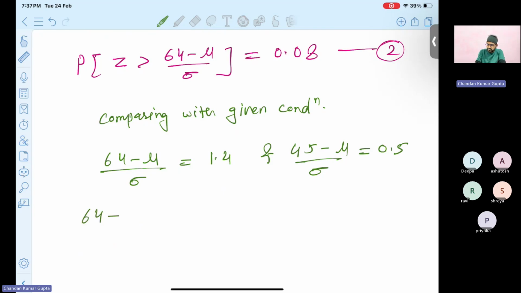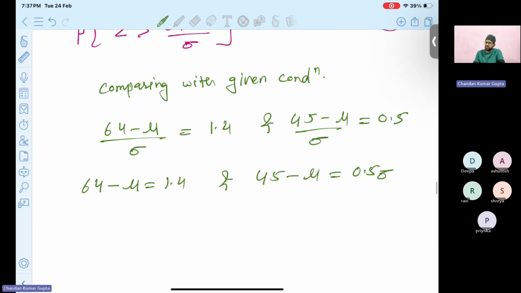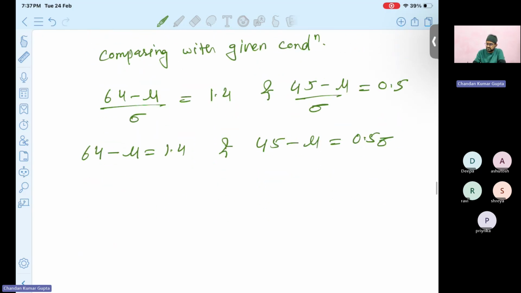It comes out to be 64 minus mu equals 1.4 sigma, and 45 minus mu equals 0.5 sigma. Let's write it in this manner: mu plus 0.5 sigma comes out to be 45, and mu plus 1.4 sigma comes out to be 64.